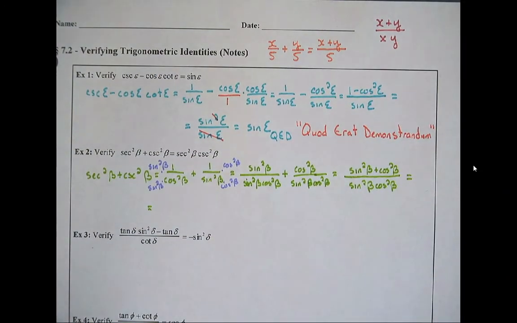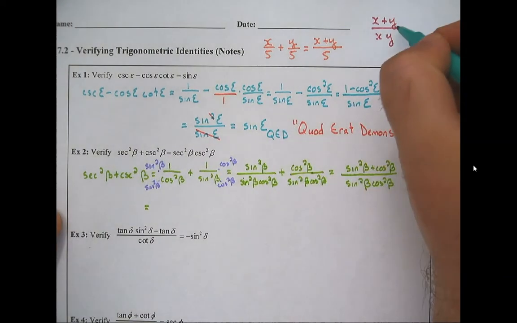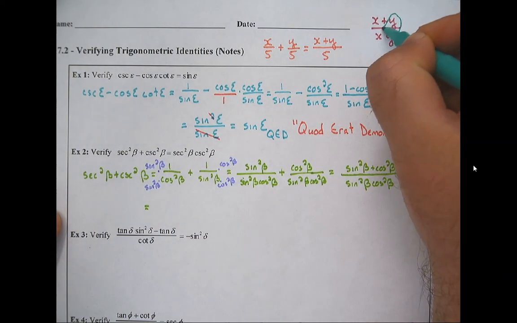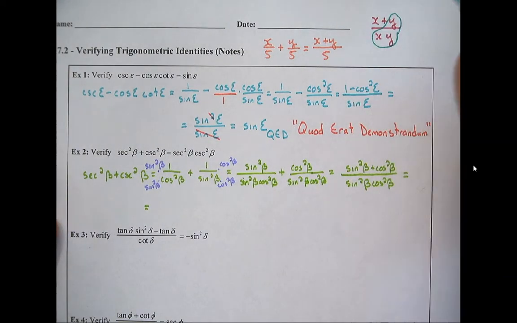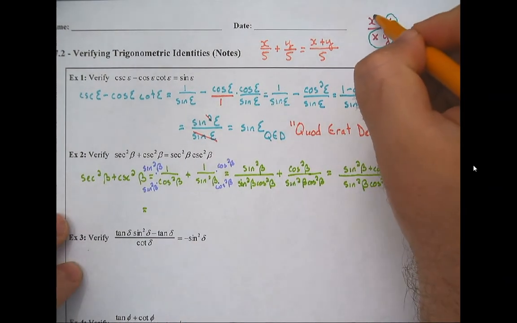It's tempting to cancel things, but if I circle this section, and then I circle this section, all right?